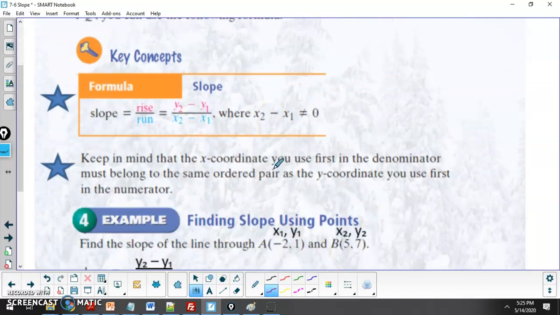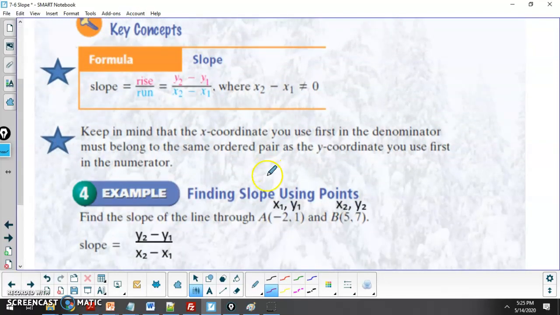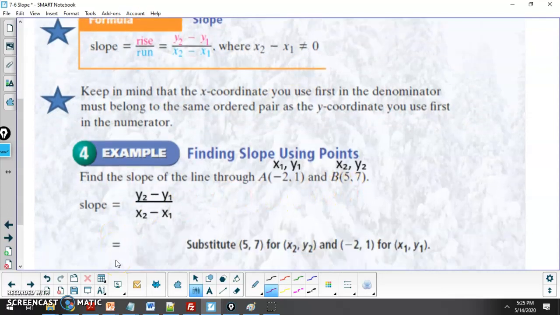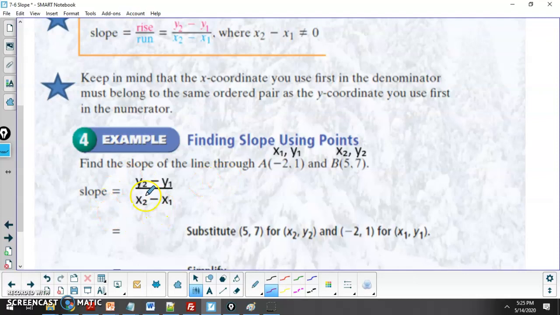Let me show you an example here of how you can use this formula. You have 2 points, (-2, 1) and (5, 7). If we're going to figure out the slope using those points, here's the formula. We just substitute: y2 is 7, y1 is 1, so we're subtracting the 2 y values. On the bottom, we're going to be subtracting the 2 x values.